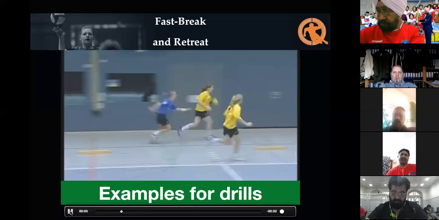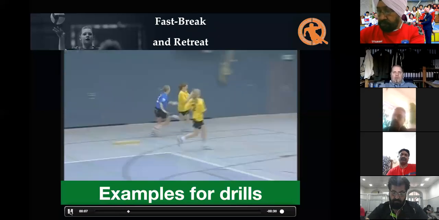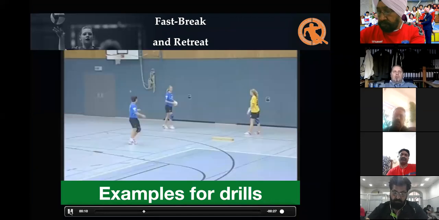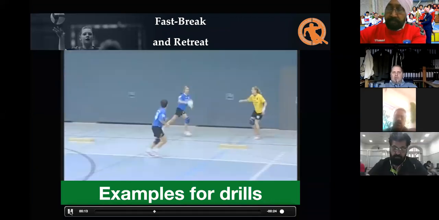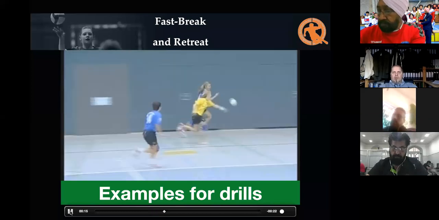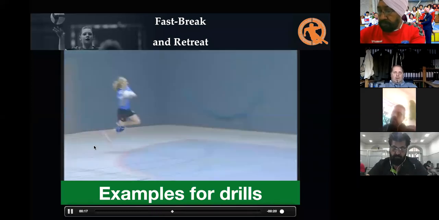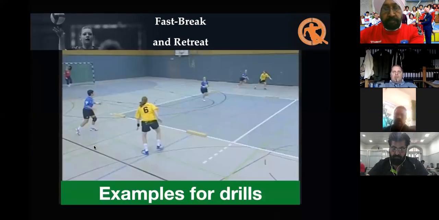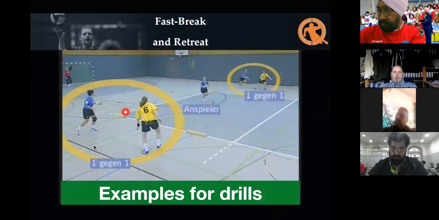So it's one-on-one, attacker and defender against each other, and the plus one is the player who is only assisting in that moment. Okay, very easy first step. The second step is a combination: one-on-one on that side, one-on-one on the other side, and one player as assister in the center position.